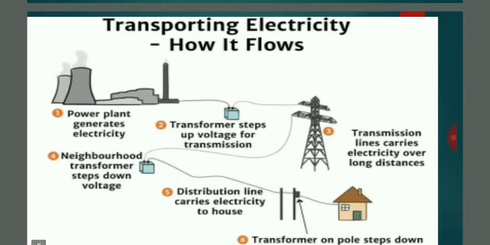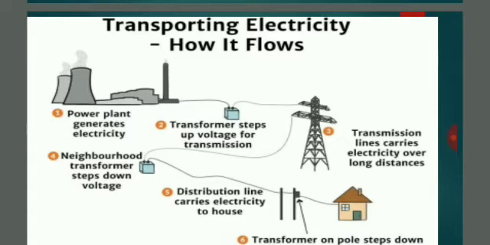And how is electricity transported from power plants or powerhouses? So first, power plant or hydroelectric powerhouse, it's a synonym. They will produce electricity and then the transformer steps up voltage for transmission.